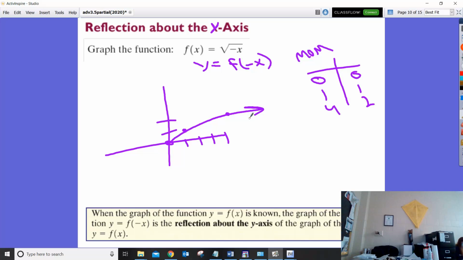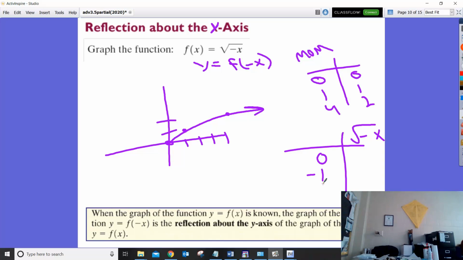Now, you know full well that you can't put a negative 1 in the square root function, right? No, you can't do that. But because the new function is y equals the root of negative x, you can actually feed it negative values. You're still going to feed it a 0. Could you feed it a negative 1?